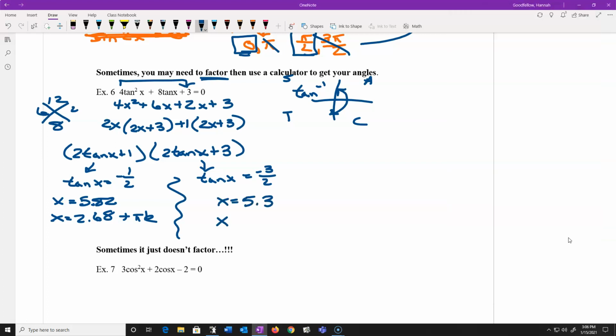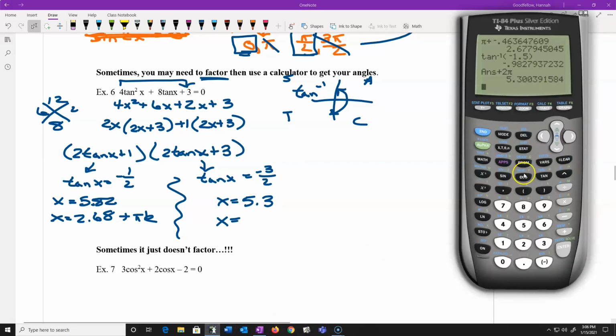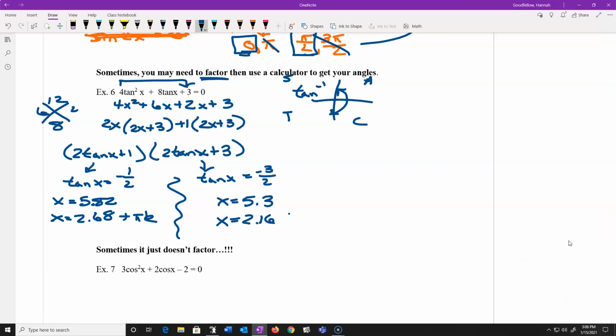And the other one, as we've done in the past, is in the second quadrant again because it's negative. So I'm going to use that reference angle as a secondary choice, and pi plus this reference angle will give me an answer that's in the second quadrant, or 2.16. 2.16 plus pi k is going to generate that answer too. All right? So it has 4 answers. Wow. Totally reasonable. It could happen that way. So don't be surprised by that.